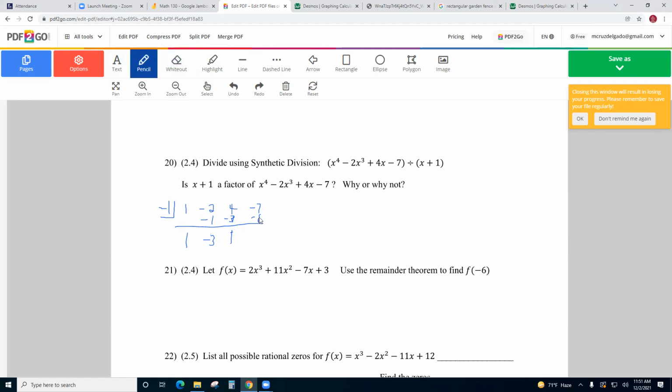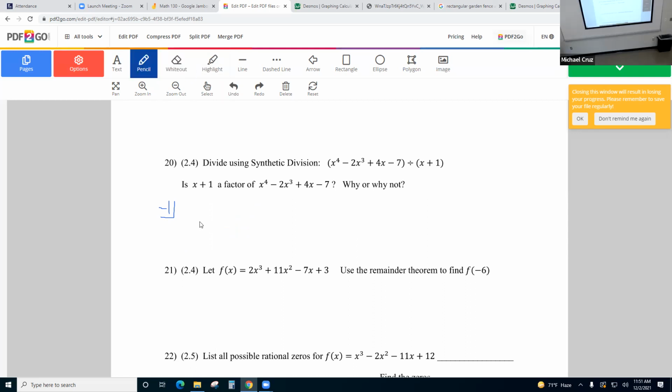Excuse me, not to intrude or anything, but why is there a -3 in the middle of -9? That'll be -8. All right, let me just do a little thing. Okay, it's 1, -2, 4, and -7. There are no missing terms, so we don't have to put in a space or a 0.